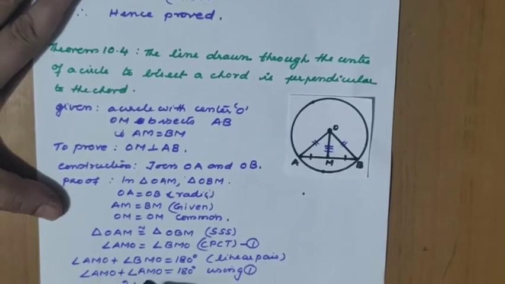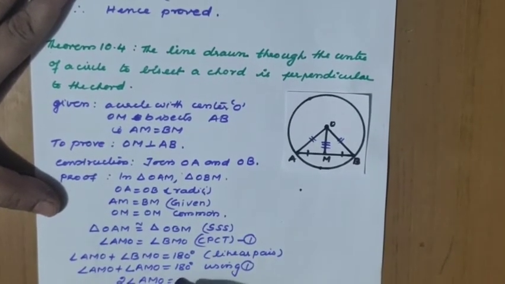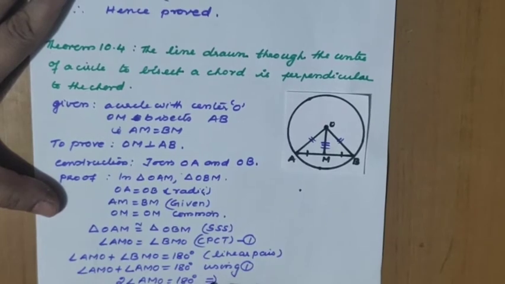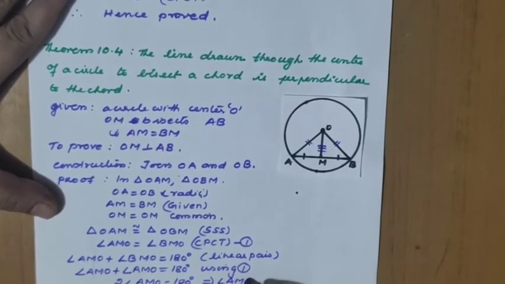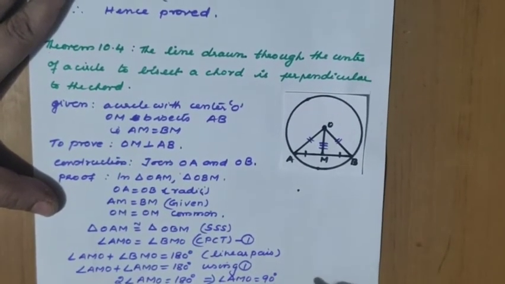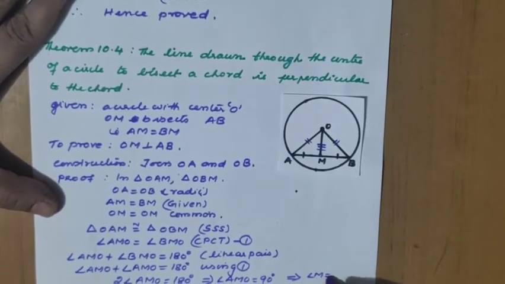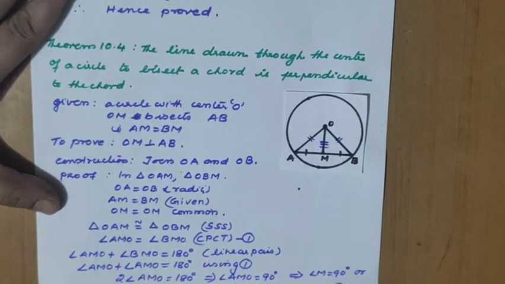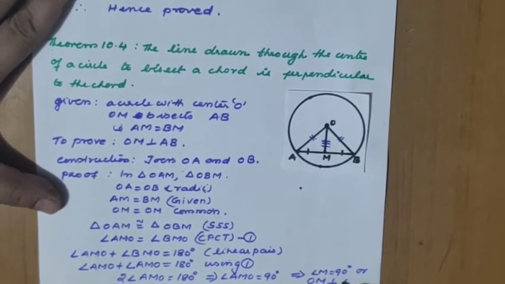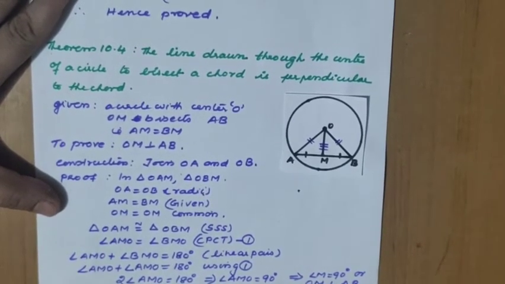So 2 times angle AMO equal to 180, or we can say that AMO equal to 90. So what is the meaning of this one? Angle M equal to 90, or OM perpendicular to AB, hence proved.